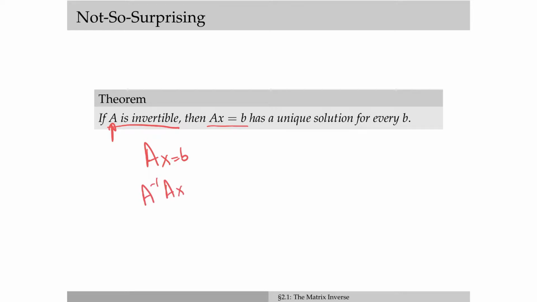So A inverse AX equals A inverse B. Well, A inverse A is what? Well, it's just the identity. So this is X equals A inverse B. Well, looky there. This is saying that the solution, namely X, is exactly this. Since the inverse is unique, nothing else can happen over here. It must be A inverse B for the solution.